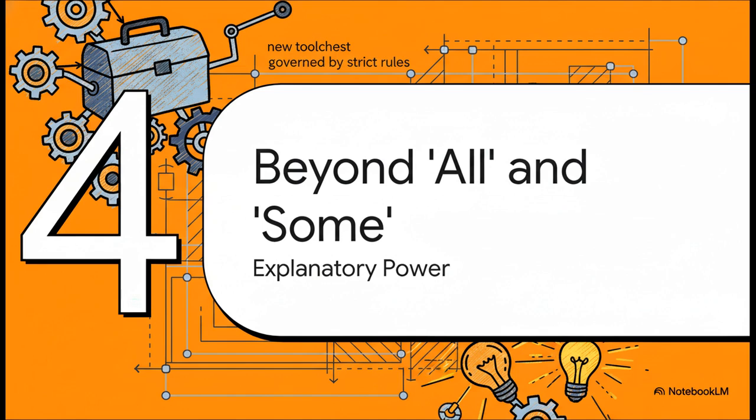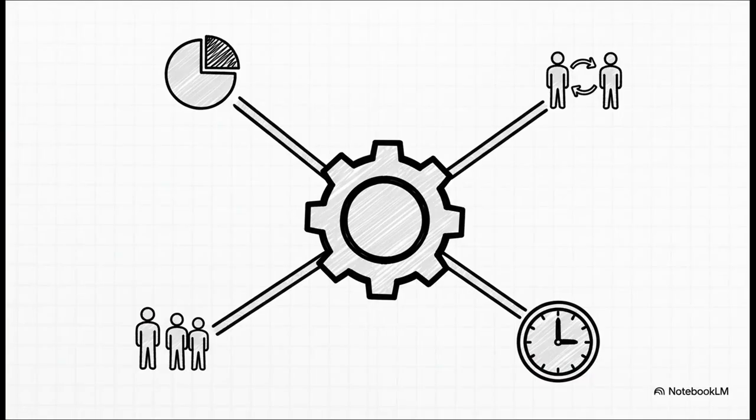Now let's see what we can actually build with it, because this framework gives us some incredible explanatory power. This generalized quantifier theory, or GQ theory for short, suddenly gives us a single, unified way to understand a whole range of stuff. It obviously handles words like most and few, but it also helps us model complex things like each other, how plural nouns work, and even adverbs of time like always and never.